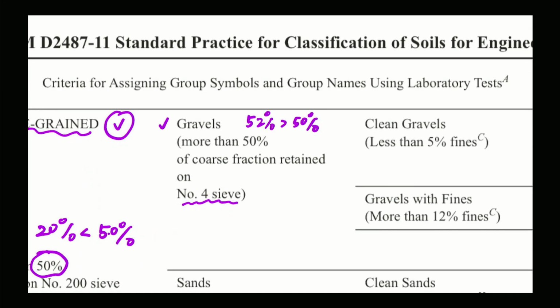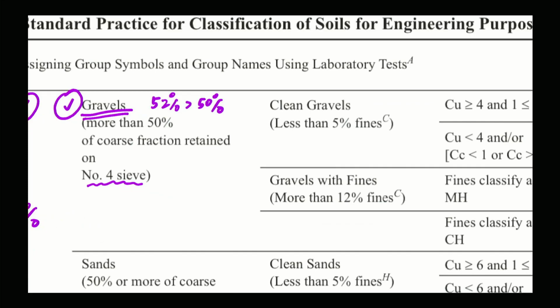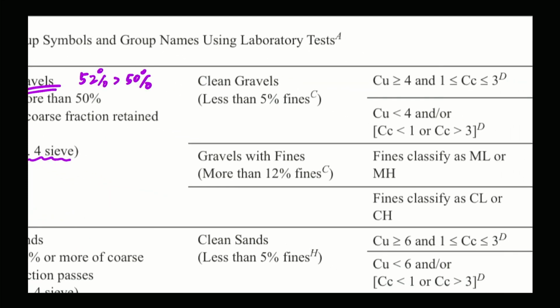So we check this column over here. So we're talking about gravels. And so let's move on to the next column. We're talking about clean gravels or we're talking about gravels with sand. So that depends on how much fine do we have, right? So we have 20% of fine.